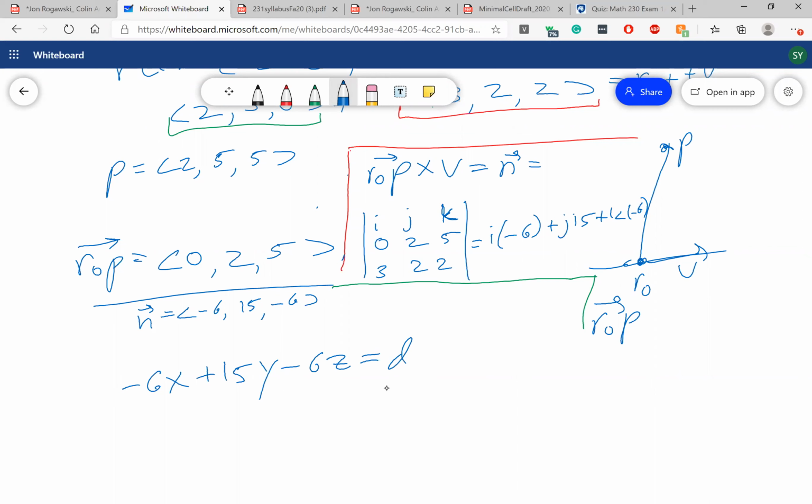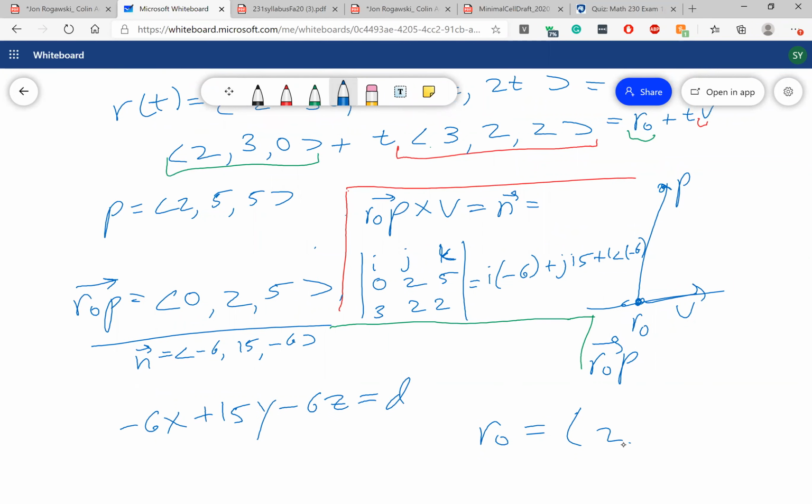So this is how the plane would look, and we just need to figure out what d is. We can choose any point that's in our plane to plug in to figure out what d is. So we know that R0 is in our plane.